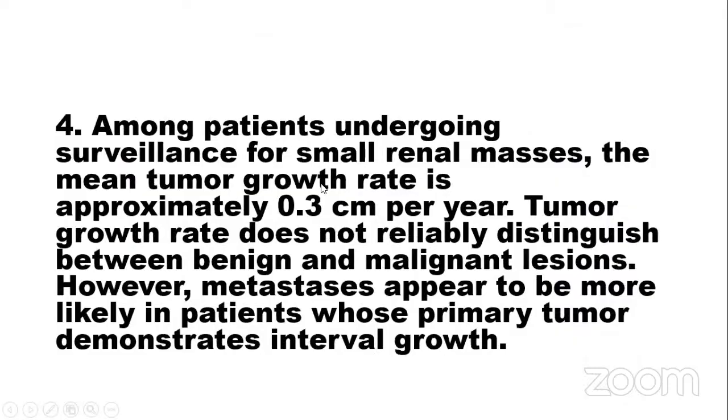Among patients undergoing surveillance for small renal masses, the mean tumor growth rate is approximately 0.3 centimeter per year. The tumor growth rate does not reliably distinguish between benign and malignant lesions.